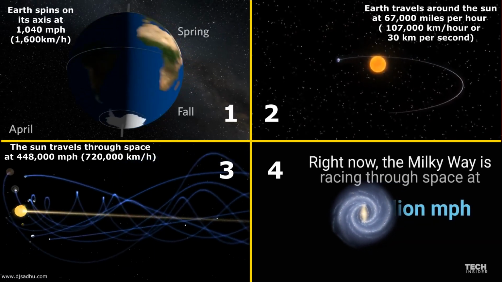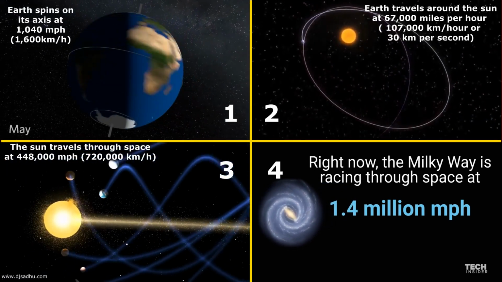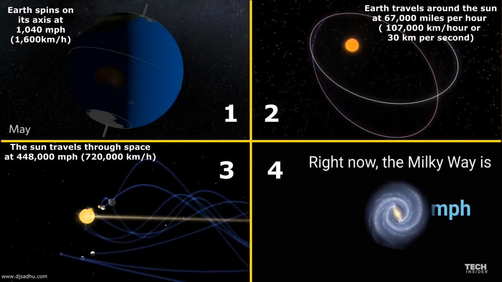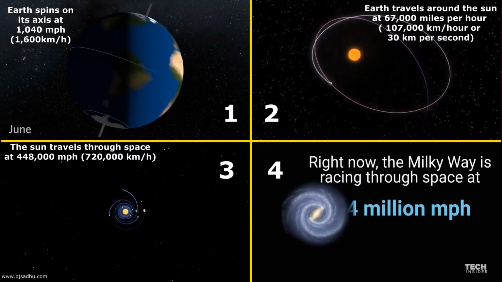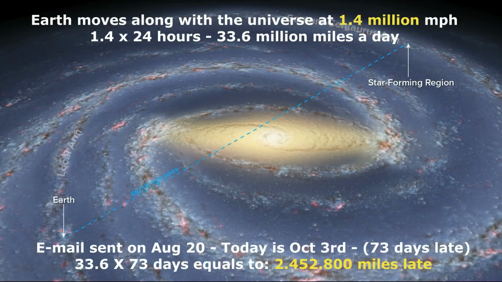So remember, this whole thing that you see, the Milky Way, is moving through the universe. So Earth moves along with the Milky Way at 1.4 million miles per hour. In one day, in 24 hours, Earth moves along with the Milky Way 33.6 million miles.